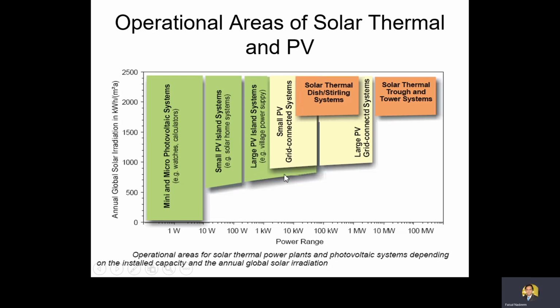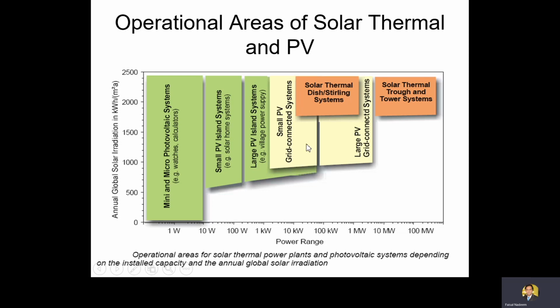The power range is around 100 watt to 100 kilowatt, and the solar irradiance requirement is around 700 to 800 kilowatt hour per meter square.